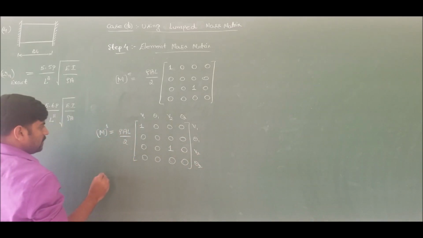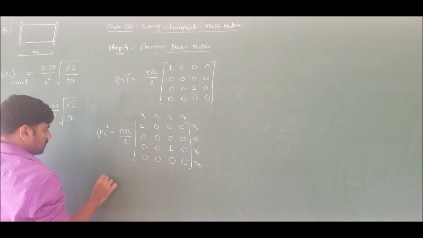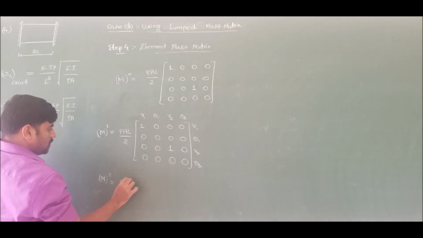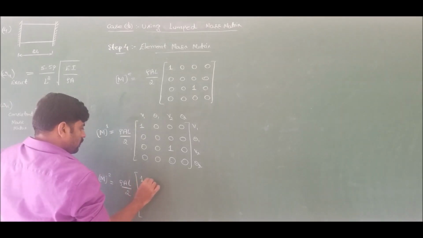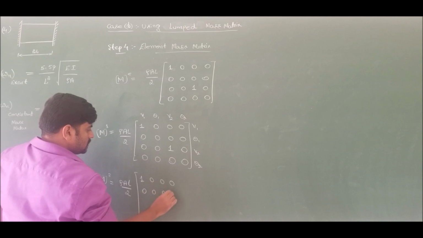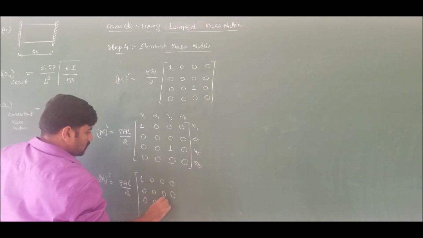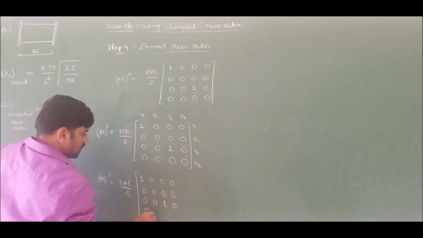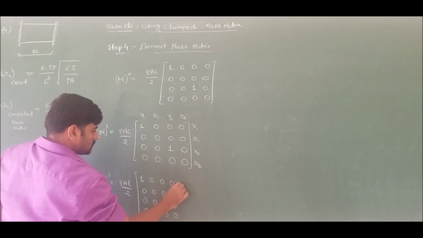Similarly for element 2, I will get the element mass matrix of element 2 as rho A L by 2 times 1 0 0 0, 0 0 0 0, 0 0 1 0 and 4 zeros.